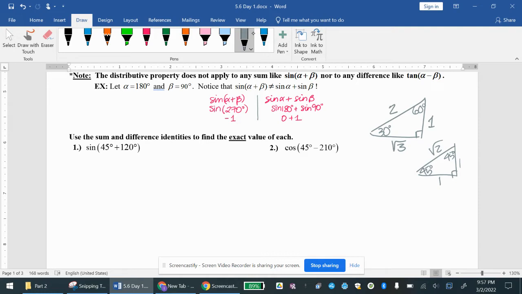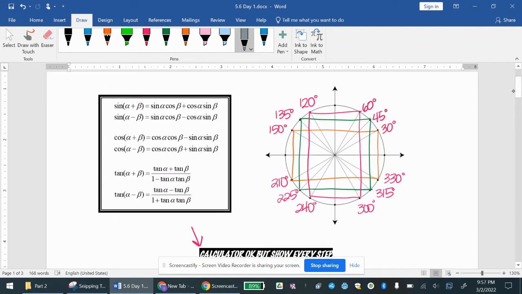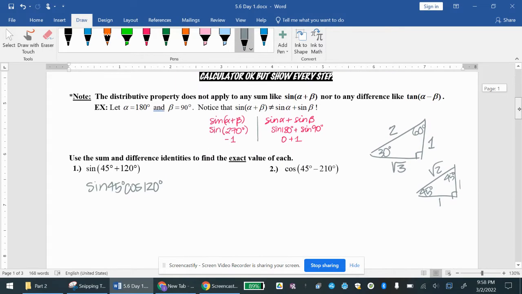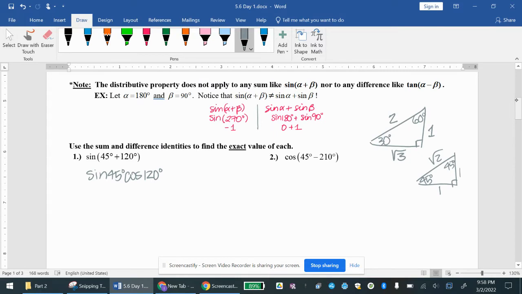The pattern for sine of alpha plus beta is take the sine of the first angle times the cosine of the second angle, plus cosine of the first angle, which we call alpha, and sine of the second angle, which we call beta.